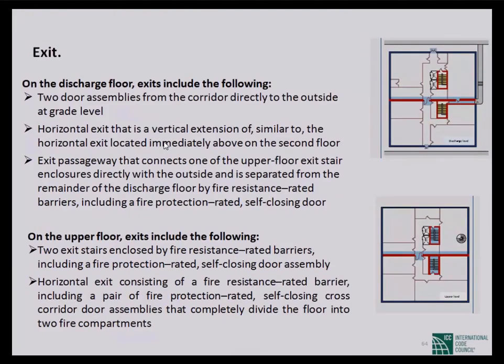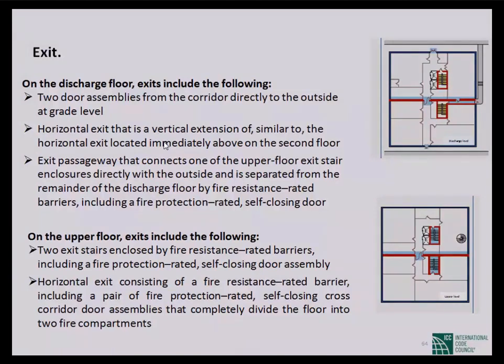Then the exit on the discharge floor. The top figure is the discharge floor. If I read from the written text, on the discharge floor, exit includes the following: 2 door assemblies from the corridor directly to the outside at the grade level.